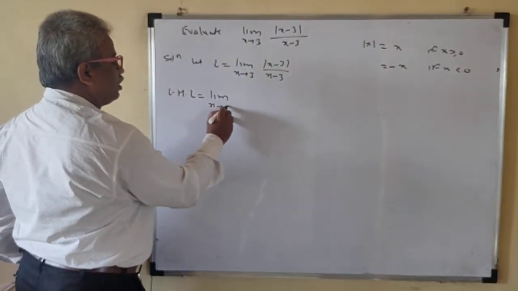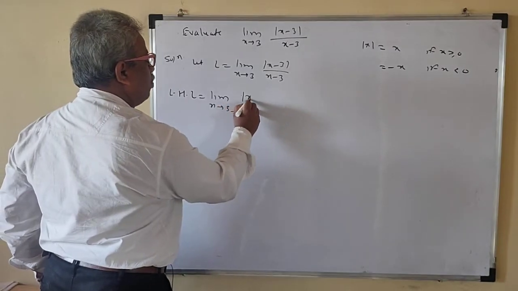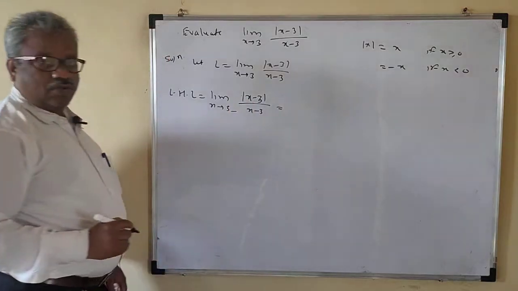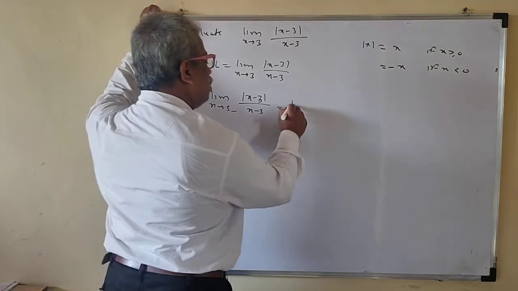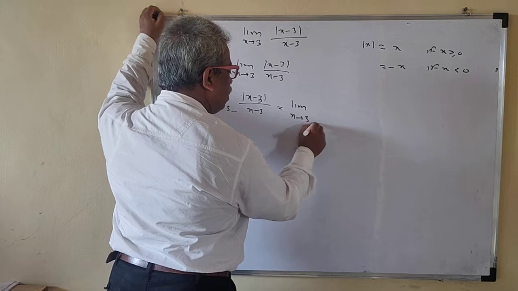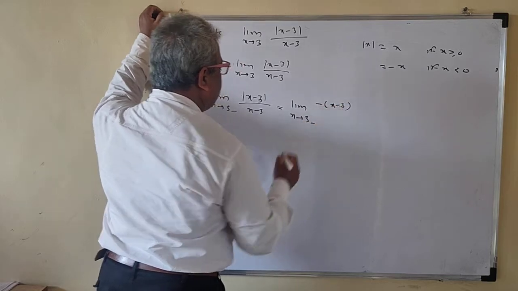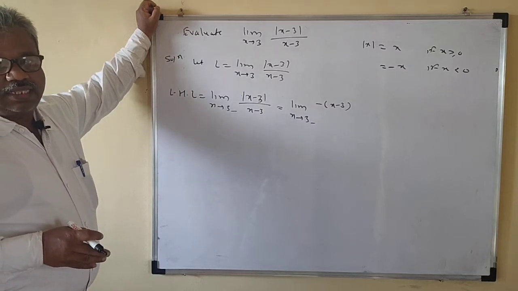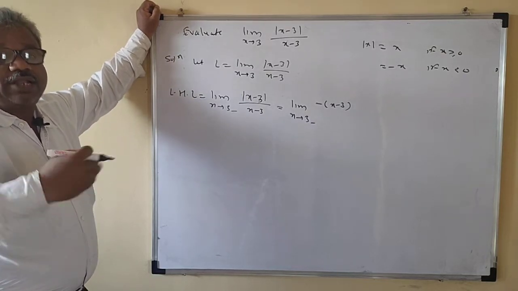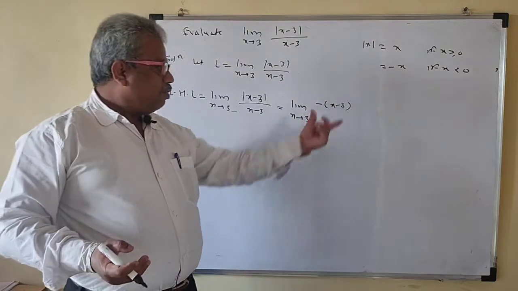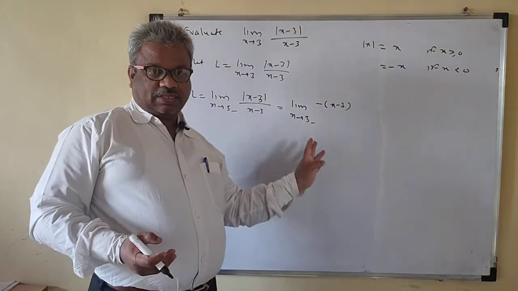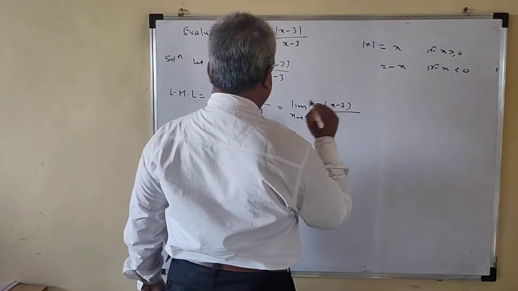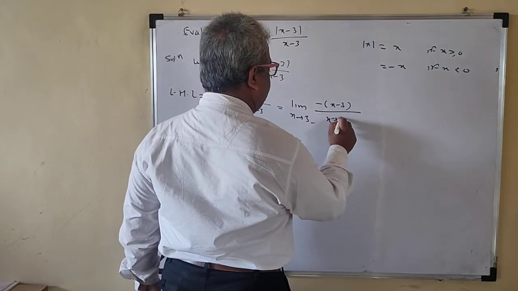So limit x tends to 3 minus, mod of x minus 3 upon x minus 3. Now this is limit x tends to 3 minus, minus (x minus 3), because x is less than 3, so x minus 3 is negative, and mod of a negative number is the negative of that number. So minus (x minus 3) upon x minus 3.